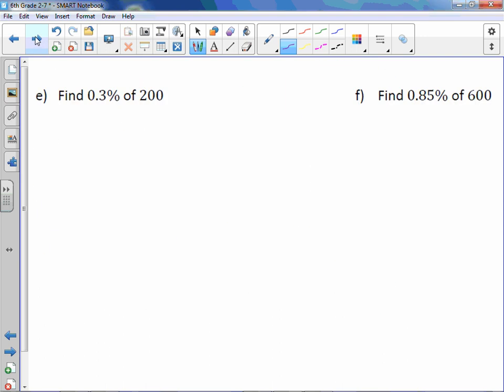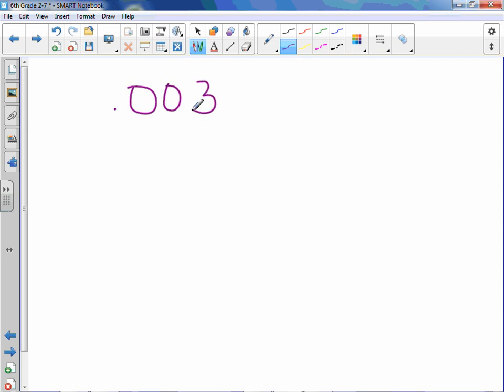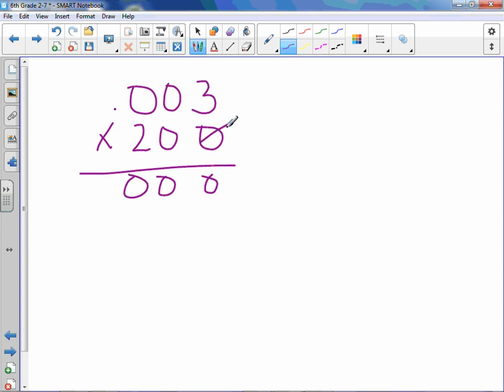Find 0.3% of 200. We still need to move the decimal point 2 to the left. So 0.003 times 200. Lots of zeros here. 0, 0, 0.